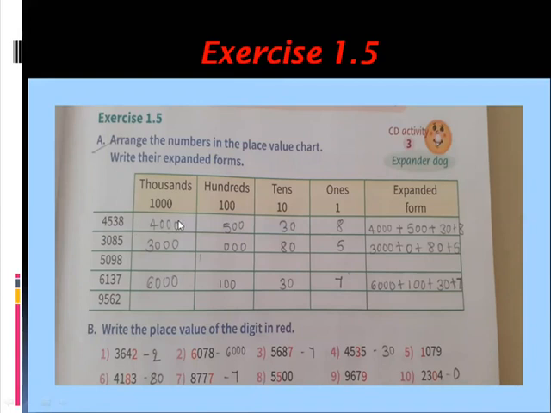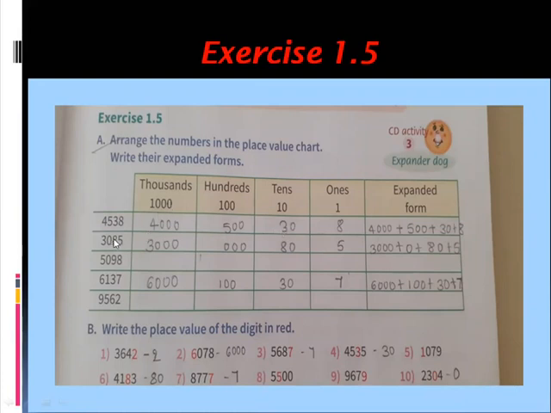Right? 4000 plus 500 plus 30 plus 8 is the expanded form. Understood now? First you have to write this number in this chart by their place value.